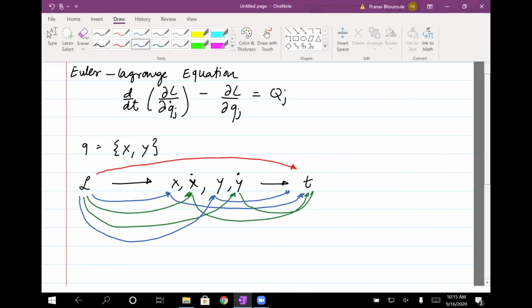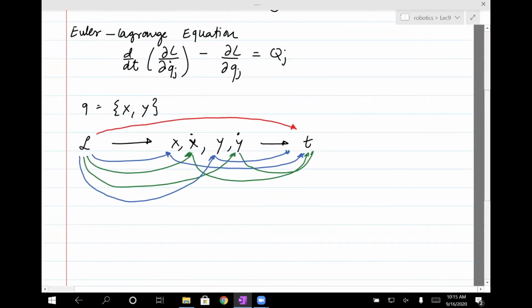Okay, so the part which is the hardest for people to understand is the d dt part. The first two parts are easy.